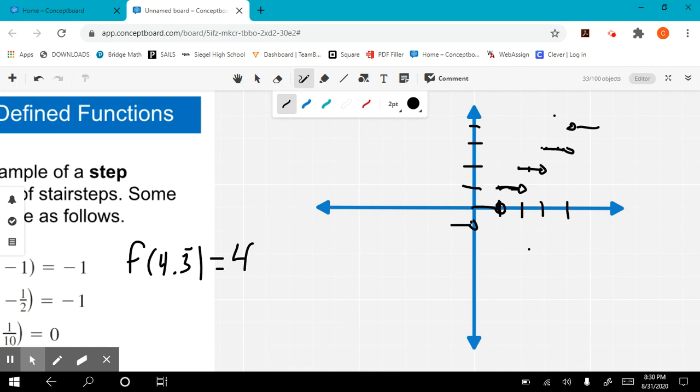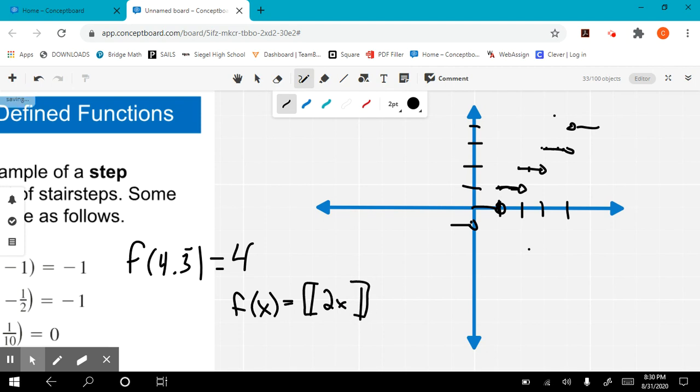This is why it looks like stair steps. So in your assignment tonight, you're going to look at one that has something like this right here, f of x equals, and this is the symbol for it, 2x.